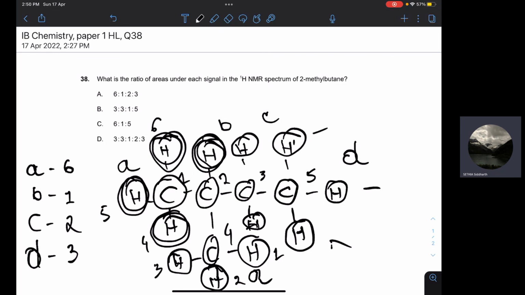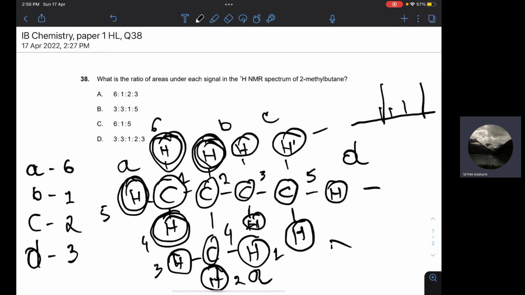Now, if you look at the options that are given to us, what is the ratio of areas under each signal in the HNMR spectrum? What does the ratio of areas tell us? The ratio of areas basically tells us how many hydrogens are present in each environment. If you have seen an HNMR spectrum, if you just Google up HNMR spectrum, you would see something like this, right?